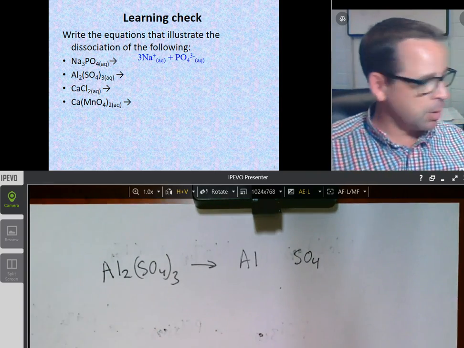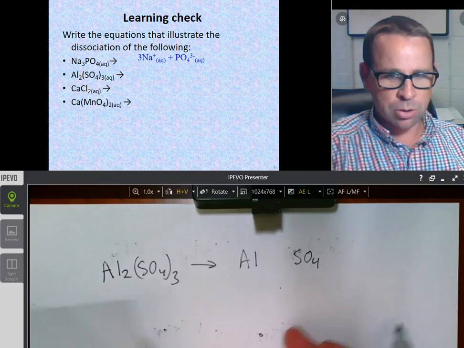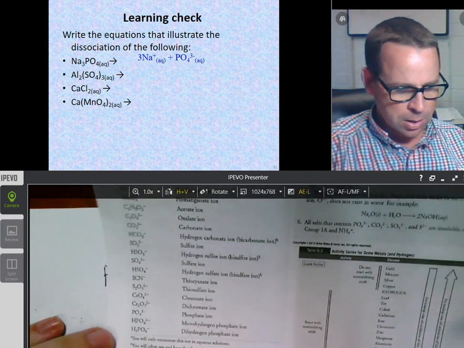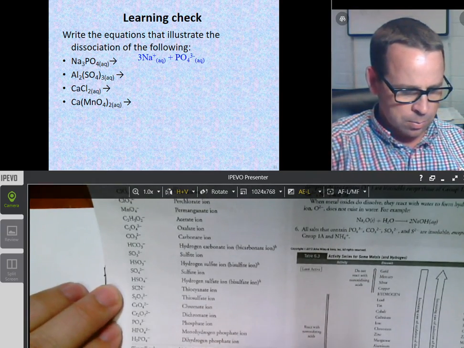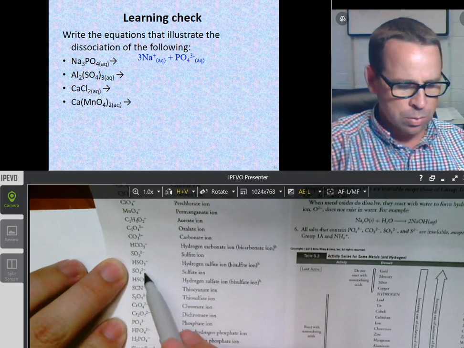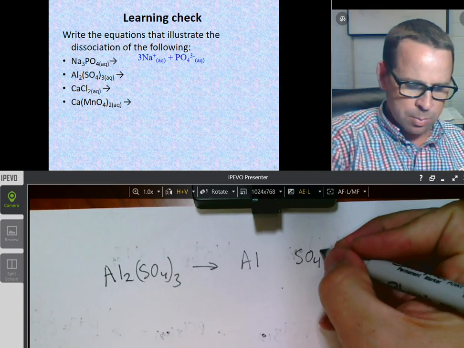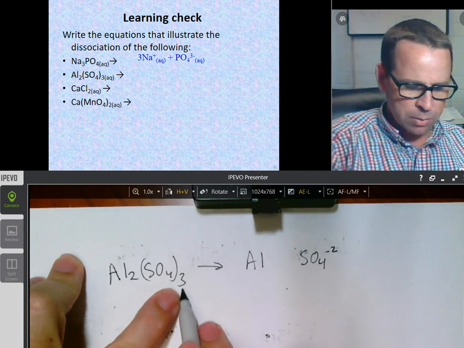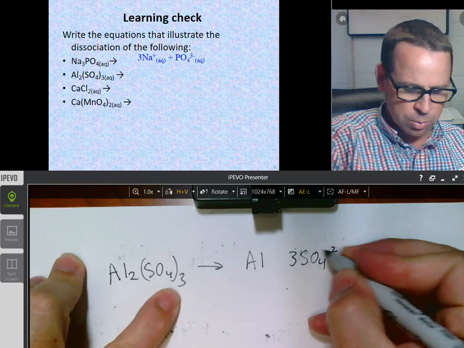I look on the back of my periodic table and I see the sulfate ion, right? The sulfate ion is a -2 charge, okay? So there's a -2 charge. I see that there's 3 of them, so I put a 3 up there to show that I had 3 of the sulfate ions.